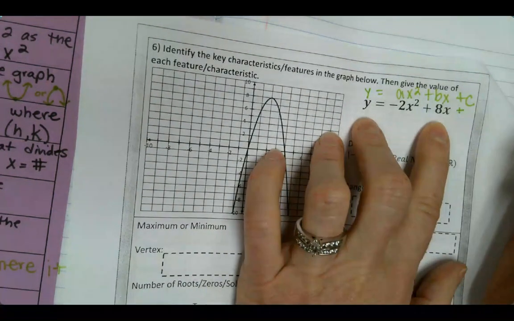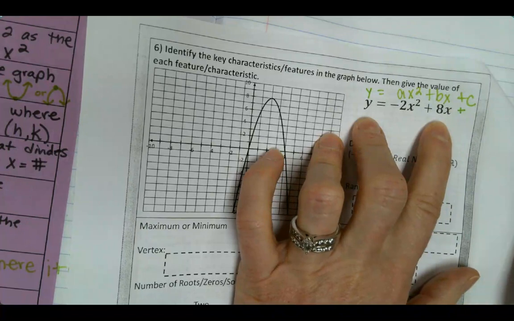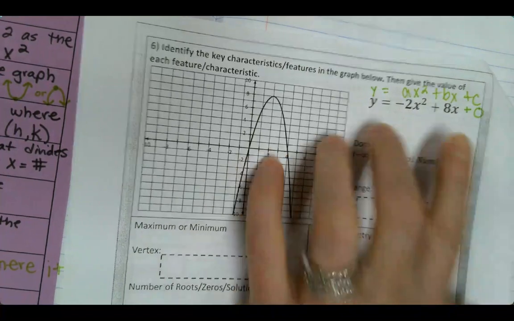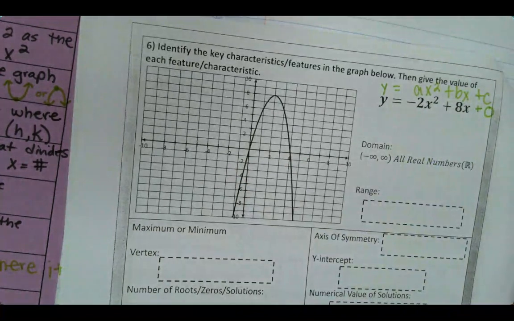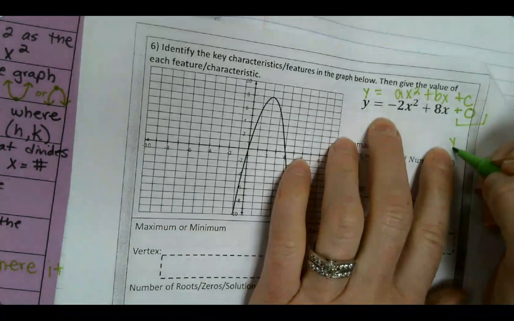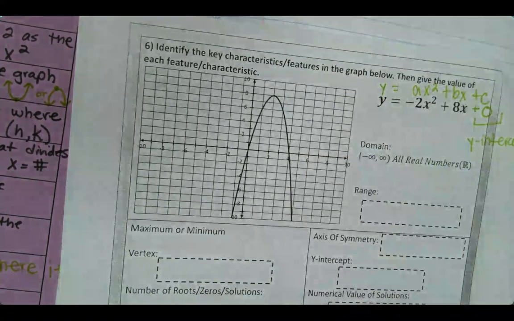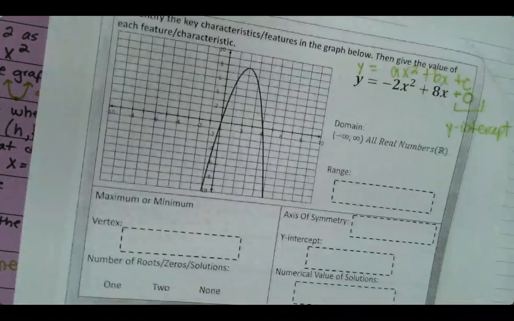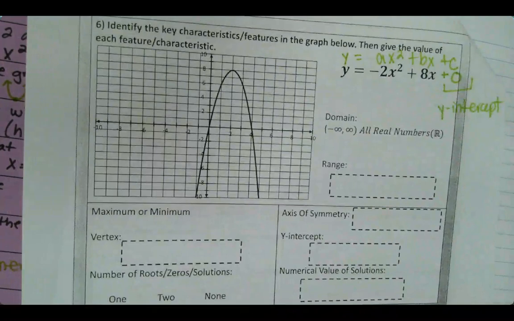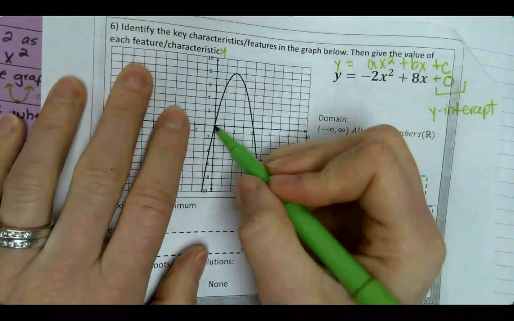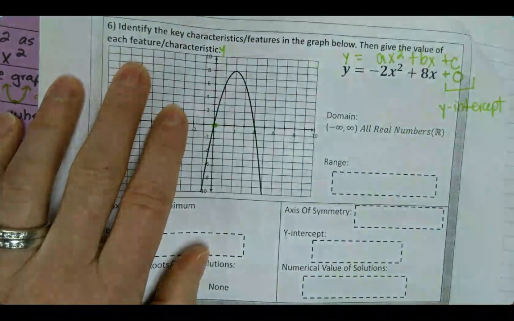What would not change it? If I add what to it, it wouldn't change it? Yeah. So c is 0. Which, remember what c is? It's our y-intercept. Does it cross the y-axis at 0? Look at it. Here's our y-axis. Yeah. It crosses at 0.